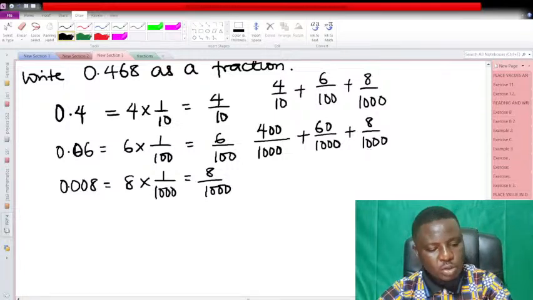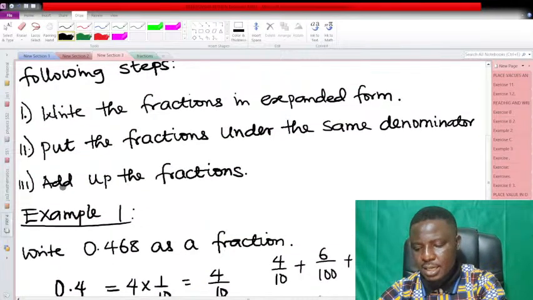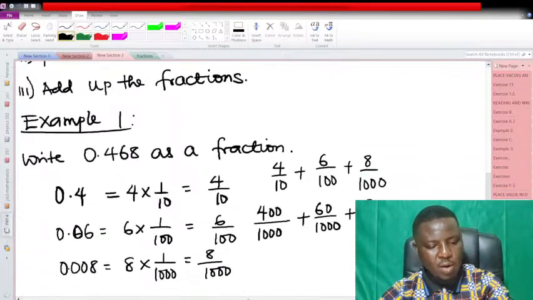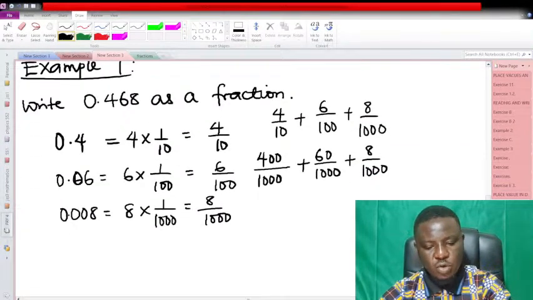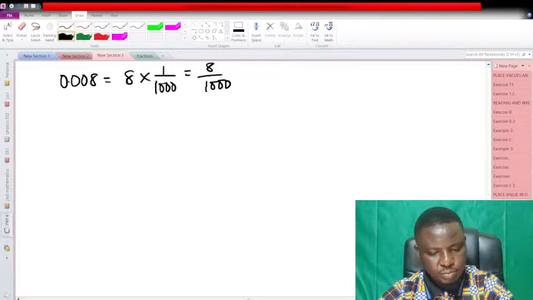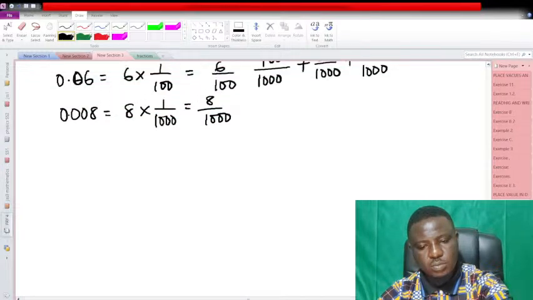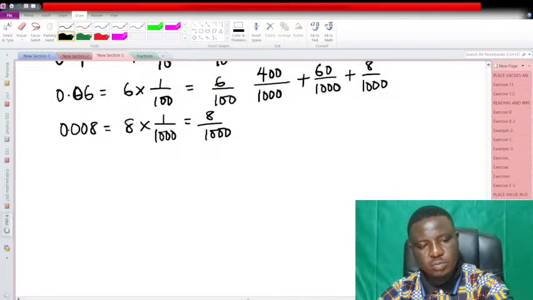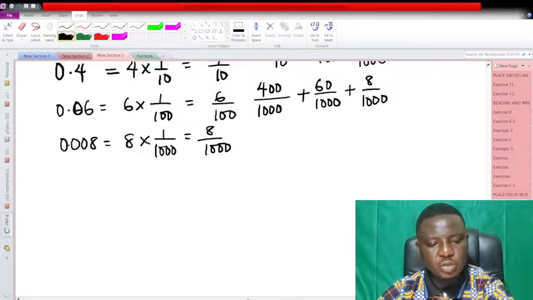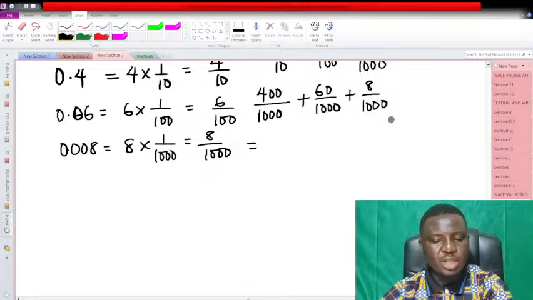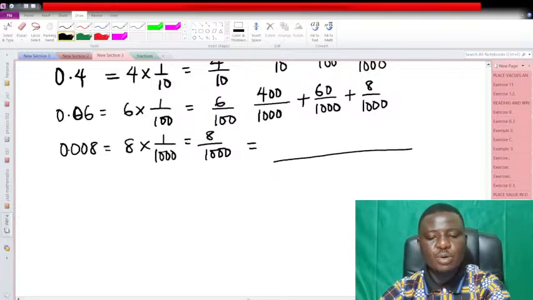So step 3 says add up the fractions. We have put the fractions under the same denominator. Now, add up the fractions. Remember what you were told, that if the denominators are the same, you add up the numerators.